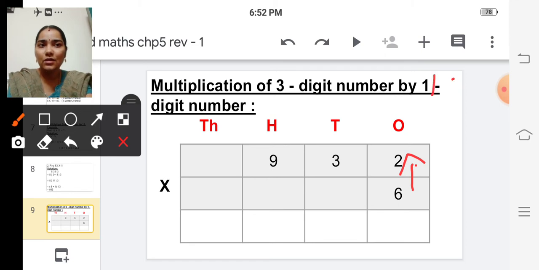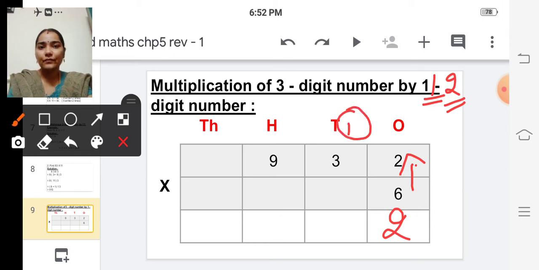So we have to write this 2 in the answer and we have to carry over this 1 to the next place, that is tens place. Okay. And now multiply 6 into 3. 6 threes are 18, isn't it? So 18 plus this carried over number.